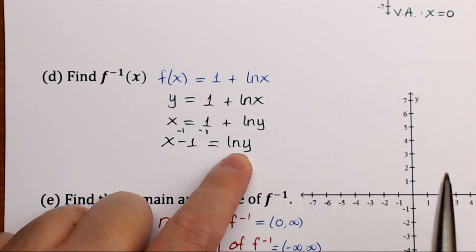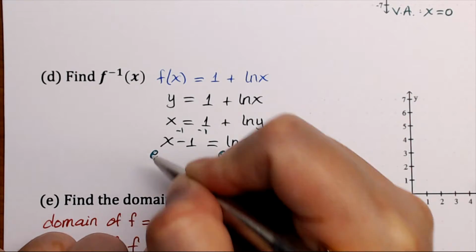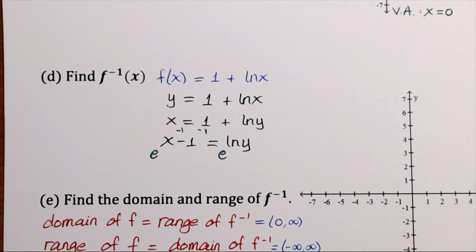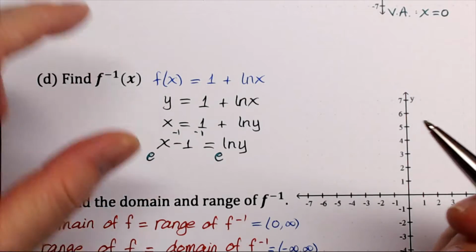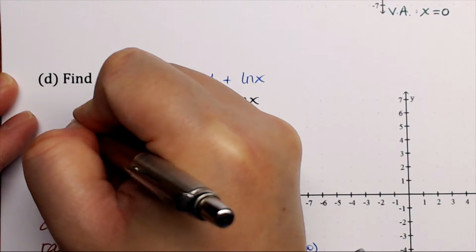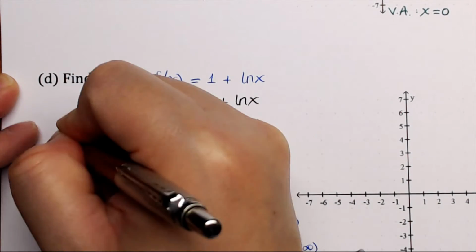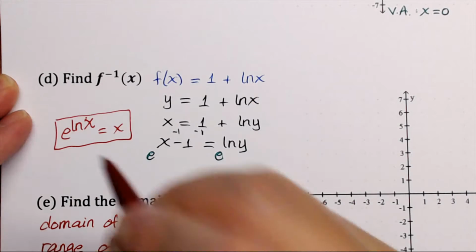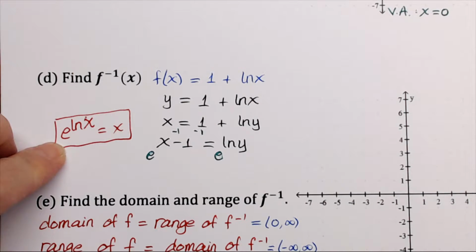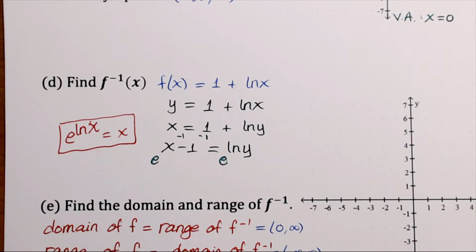And then to solve for y, raise both sides to the power of base e, because we have these properties. e to the ln of x, e and ln cancel out, so that's just x.